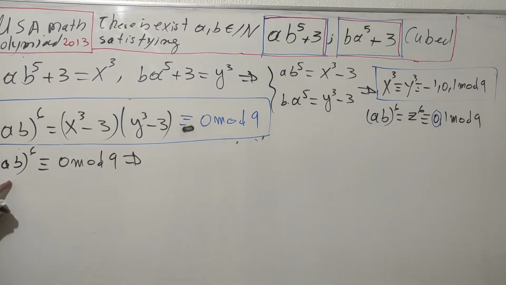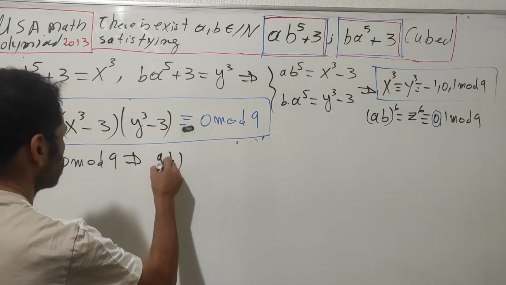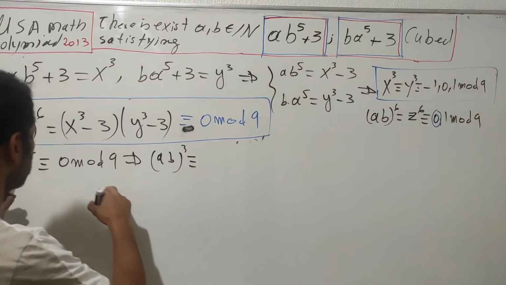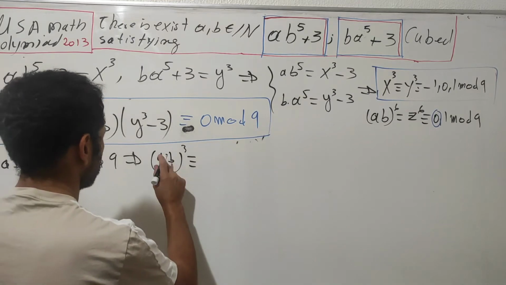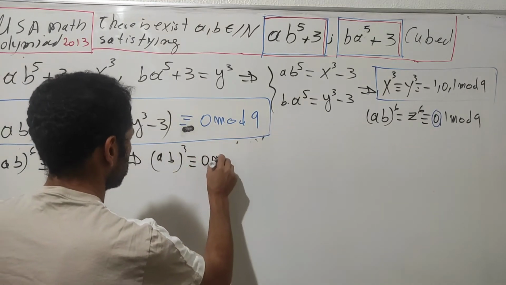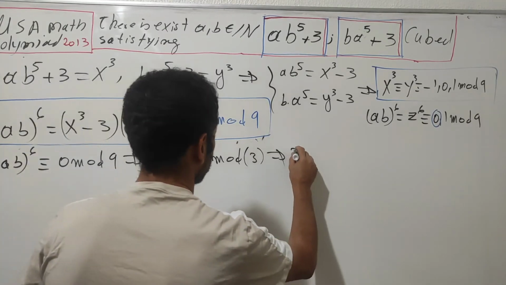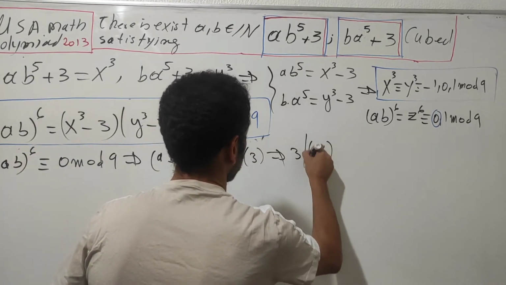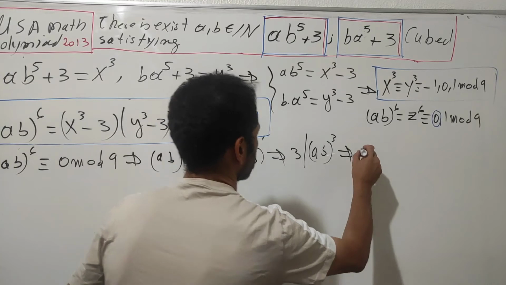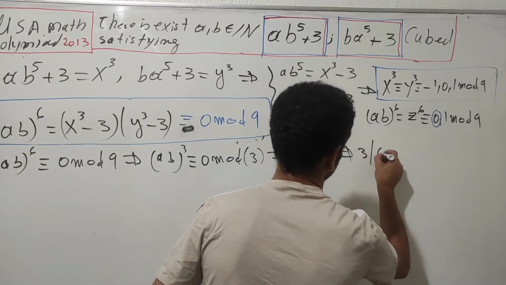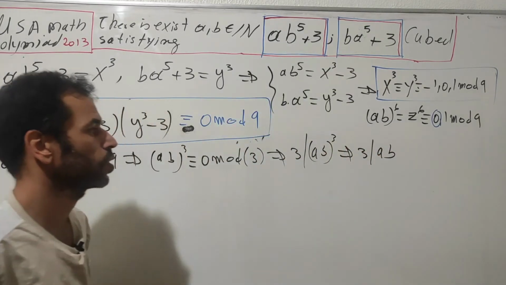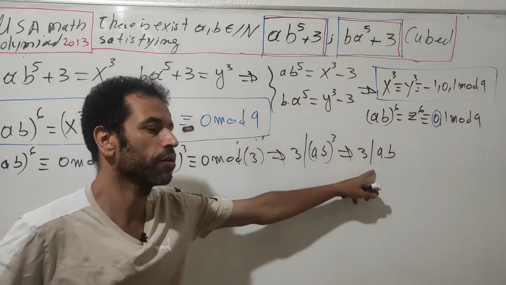So it's telling us ab cubed, let's take the square root on both sides, is congruent to 0 mod 3. So it's telling us 3 divides ab cubed. In other words, 3 divides ab, since 3 is a prime.